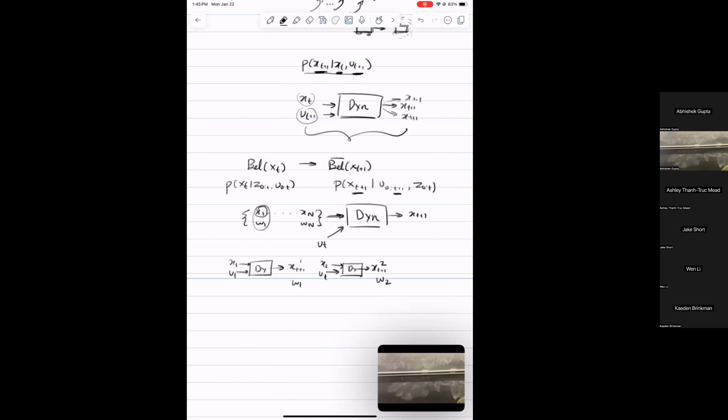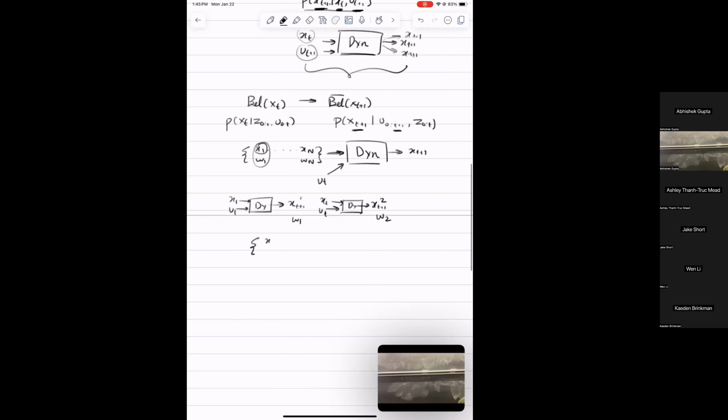Now you've got a new set of particles, xt plus 1, 1 to xt plus 1, n, each obtained by moving your previous particles through your dynamics model. That gives you a new set of particles, but you keep the weights exactly the same. Do not change the weights. Same weights, but moved particles.